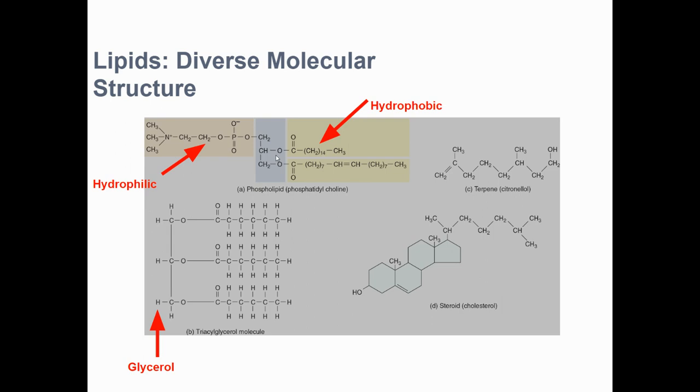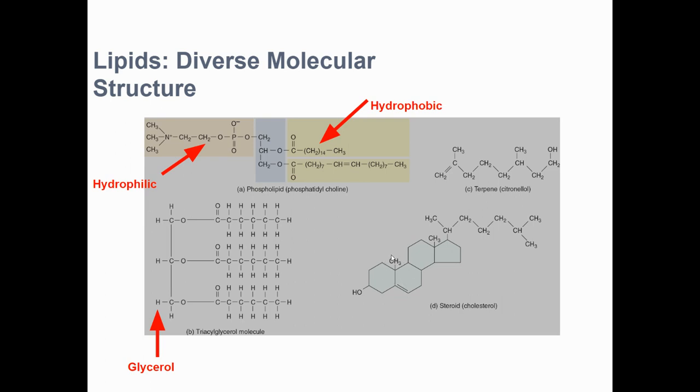Very, very important lipid. This is a triglyceride, which is composed of 3 fatty acid chains that are joined to a glycerol molecule. And then you have steroids. All steroids pretty much are derived from cholesterol, and they look the same, as we saw in our earlier presentation, this 4-ring structure. The only thing that's different about the different types of steroids is the functional groups. Here we have a hydroxyl group, an OH group.